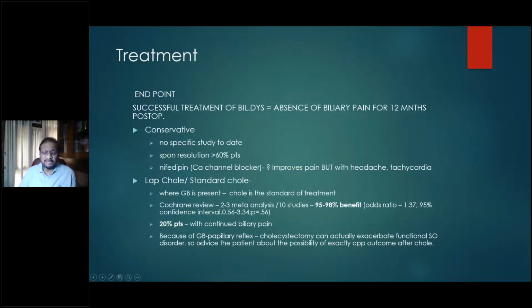Because of the cholecystopapillary reflex, what is one problem? That problem is that this cholecystectomy may actually aggravate your problem. That is why, with this exacerbation of the functional SO disorder, you should advise the patient of the possibility of exactly the opposite outcome after cholecystectomy.